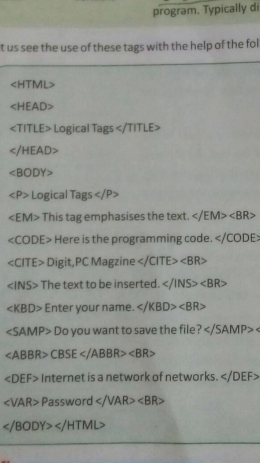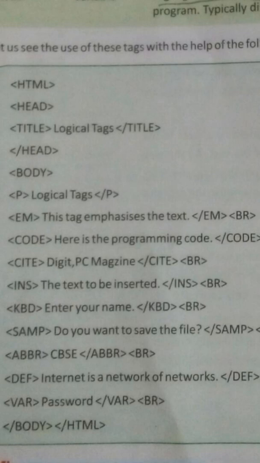And the next one is code. If you want to print your program code, then the code tag can be applied. And the next one is cite. It's for citations, it indicates the reference of a work. This tag displays the text in italics.